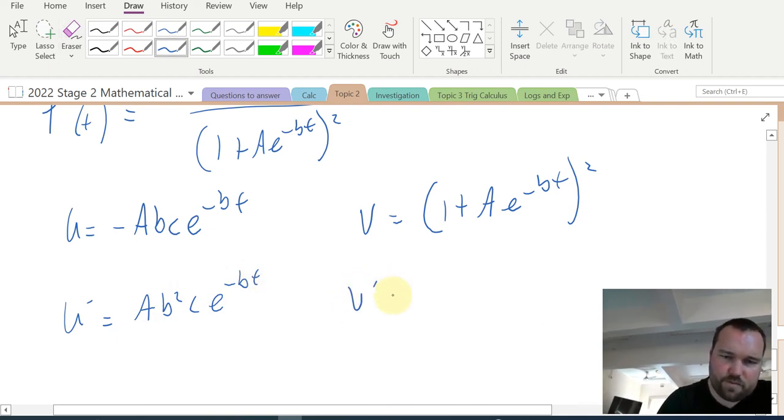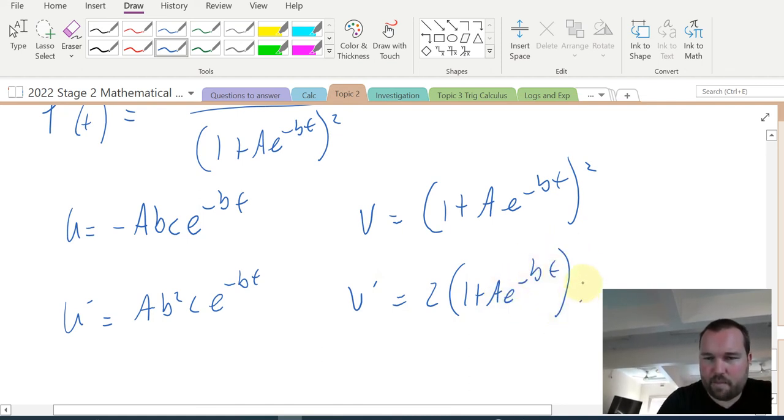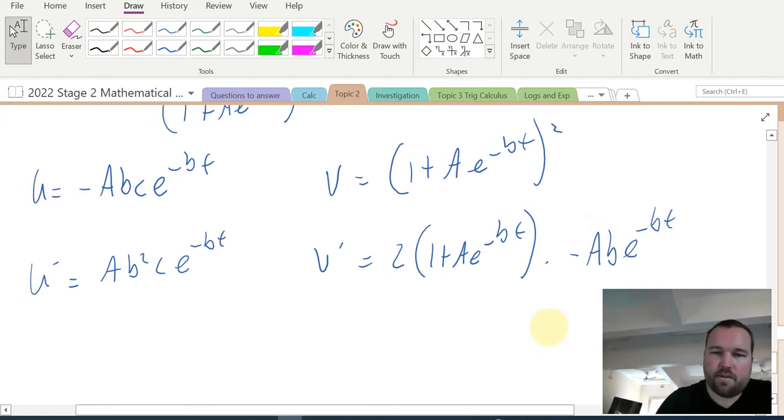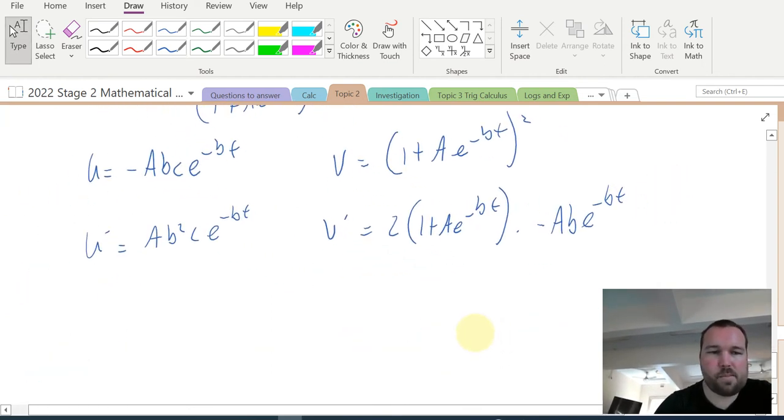V dash, that 2 comes out the front: 2 bracket 1 plus ae to the minus bt multiplied by the derivative of the inner. Derivative of the inner, well, the 1 drops away. It's going to be minus abe to the minus bt. Fun. So now we go on.